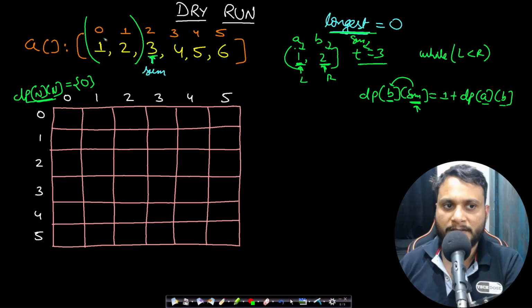So what is dp at 0 comma 1? Because a is actually the index that we are assuming. So 0 comma 1 is actually this value 0, because the entire table was 0, right? So this will be 0. And if you add 1, what is this b? The b index is 1 and the sum index is actually this 2 index. So at 1 comma 2 you can fill a value 1.